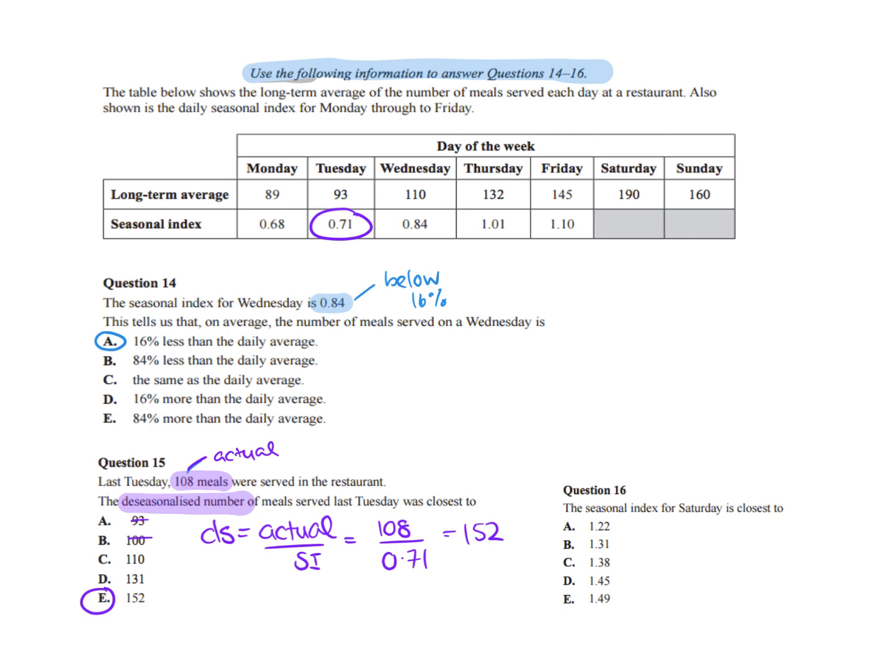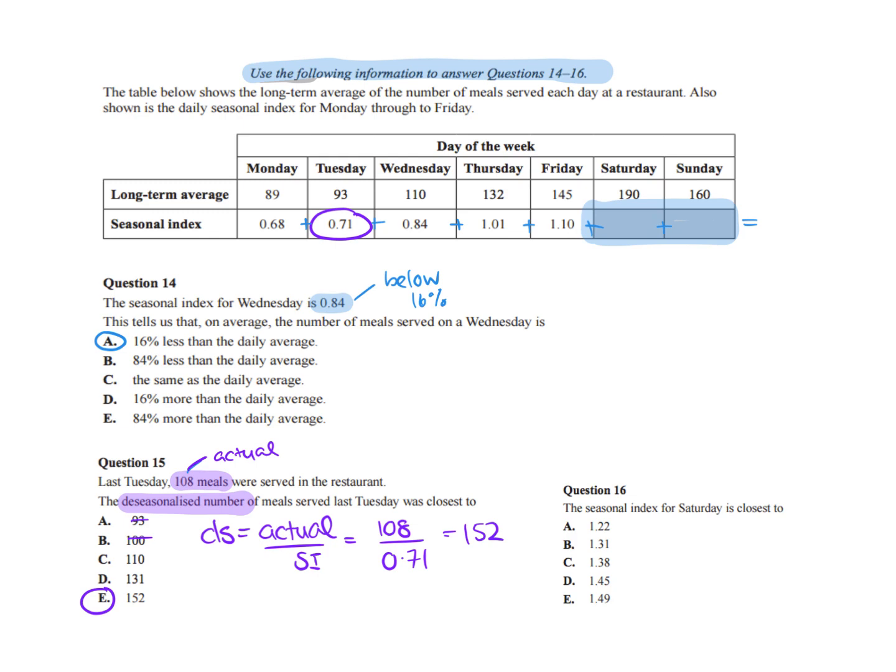Okay, question 16. The seasonal index for Saturday is closest to... In previous exams, they only had one seasonal index missing, and so it's a little bit easier, because if you remember, yesterday I said when you add up all the seasonal indices, you should get the number of seasons you've got.